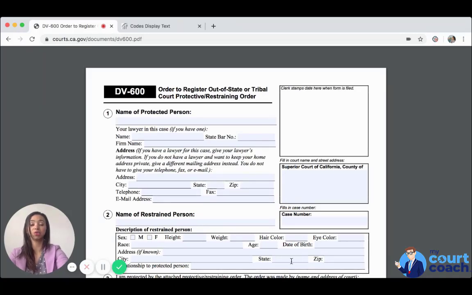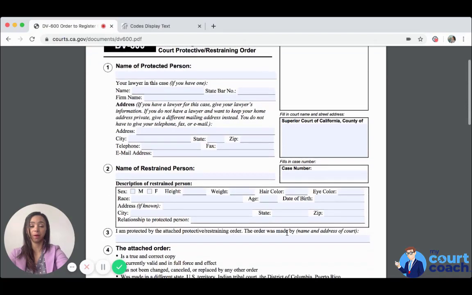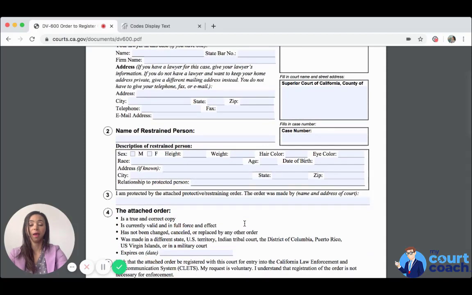And you need to describe the restrained party. So this information should be found on your protective order, and that should guide you to complete this in its entirety. And then you are protected by the attached protective restraining order. So that means that you do in fact have to have the copy of your restraining order in order for you to register it.